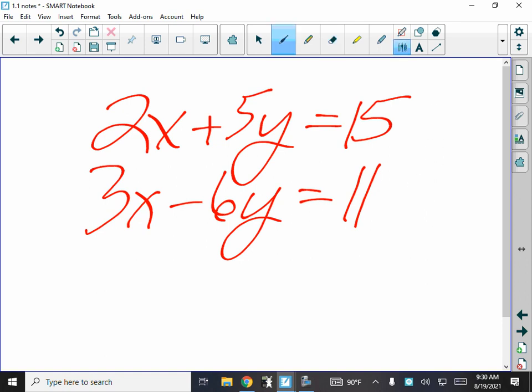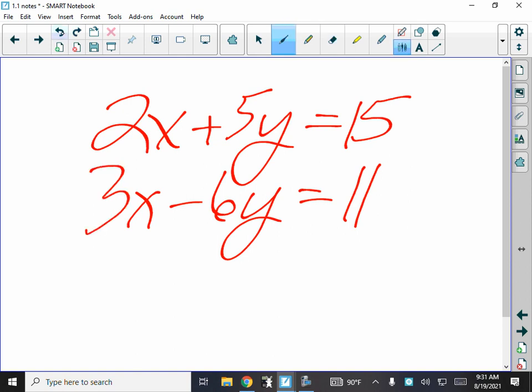If I'm looking at this problem, I don't think I want to use substitution, because there's no plain x or plain y. If this one was gone, then I could solve that for x and plug it into the top equation. Is this kind of waking your brain up a little? But it's not, there's a 3 there.